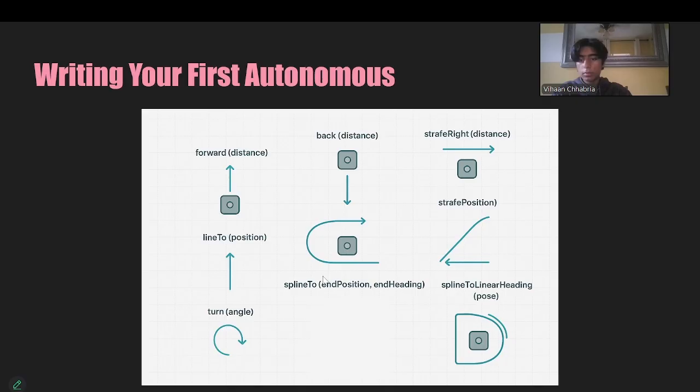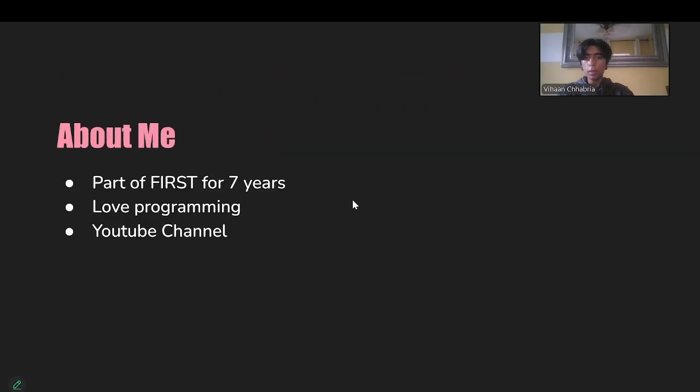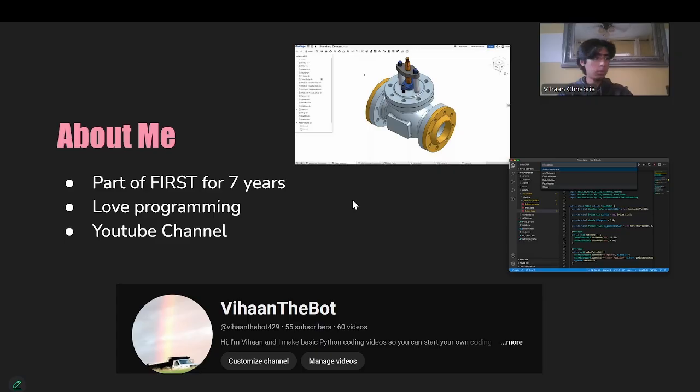But that'll pretty much wrap our session up. We learned a lot about PID algorithms, so we got to learn the math behind that, and then we also got into how to express the different trajectories in Road Runner.